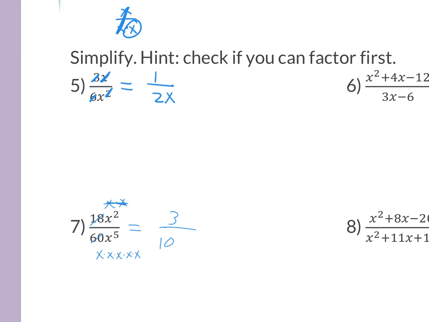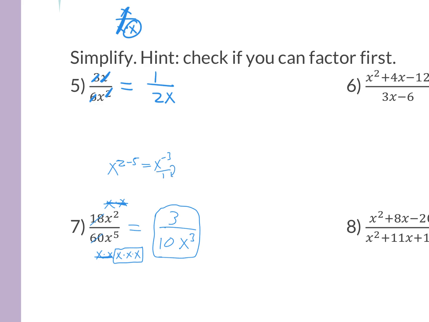So there's 2 and 2 that cancel. And you're left with 3 x's on the bottom, so I get x to the third on the bottom. Right. Another way that you could do it is you could use our rules of exponents. You could do x to the 2 minus 5 and get x to the negative 3 and then move it to the bottom, right?